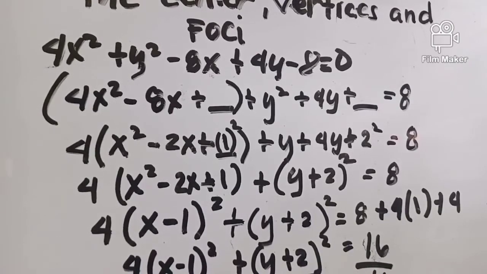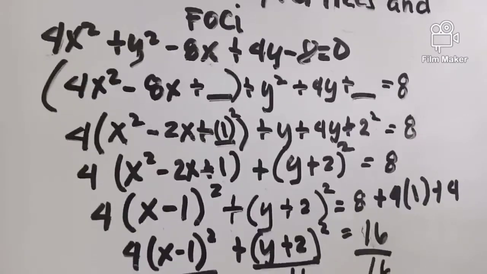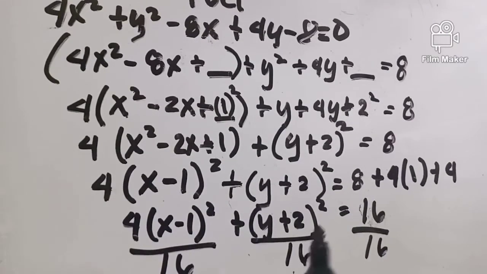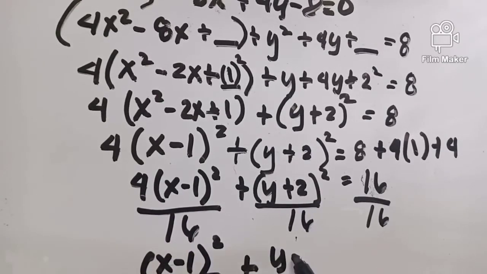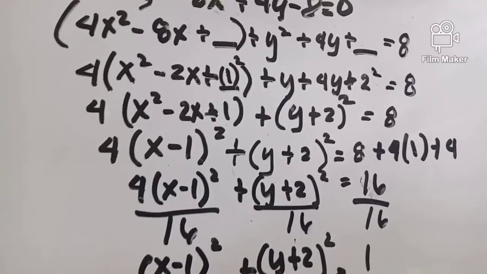Ano ba ang lowest term ng 4 over 16? So, ang lowest ng 4 over 16 will be x minus 1 squared over 4. Tama ba? Tapos, y plus 2 squared over 16 equals to 1.